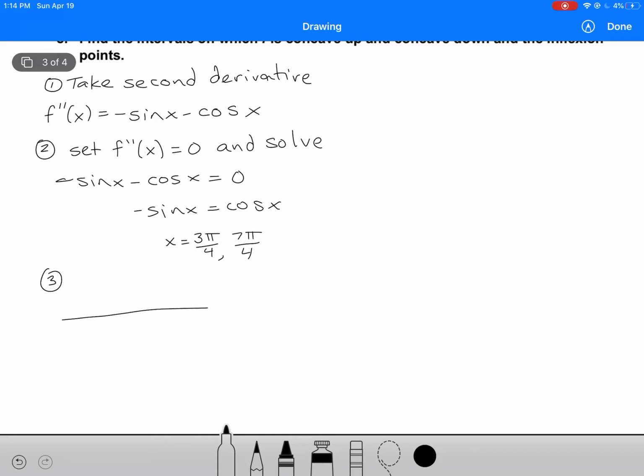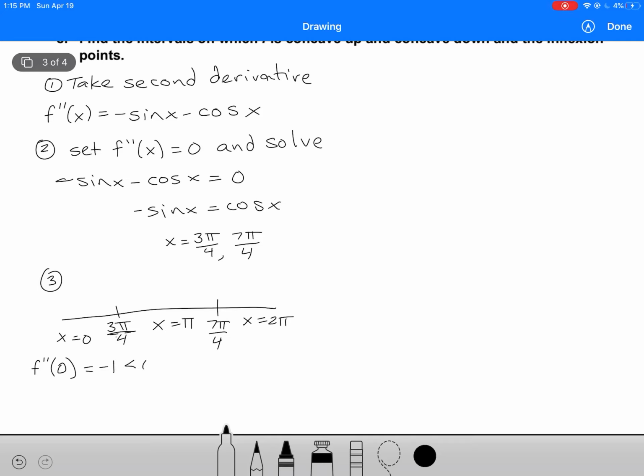This gives us enough information to set up our sign table. We've got our 0 points. And then we're going to check a value in each of those intervals. So again, 0, pi, and 2 pi. Because we need to know the sign of the second derivative, because that helps to determine the concavity of the function.